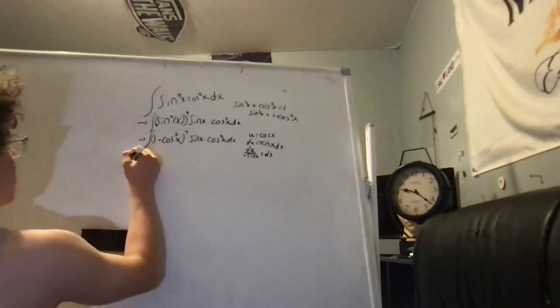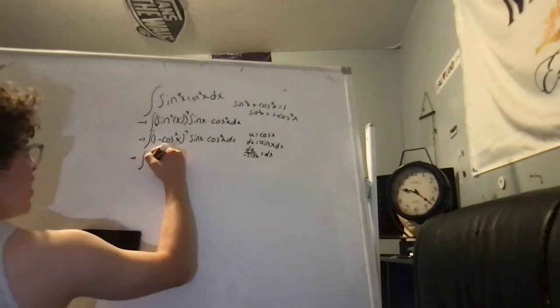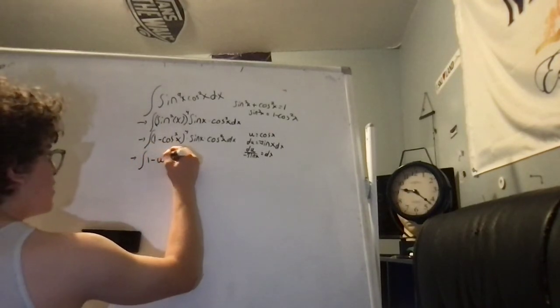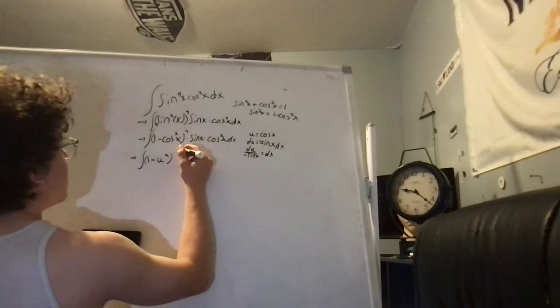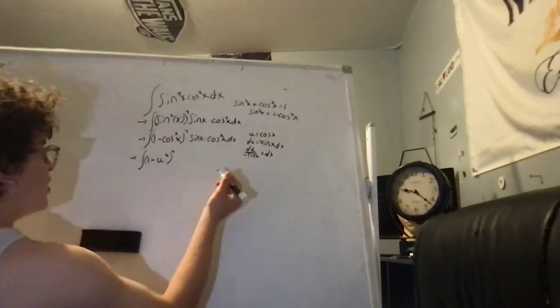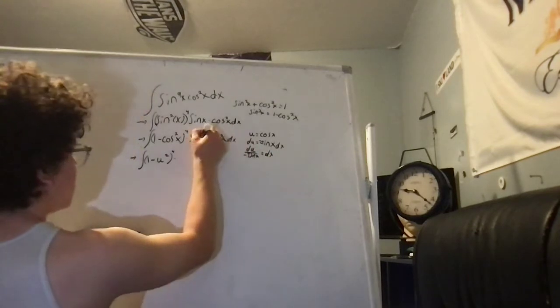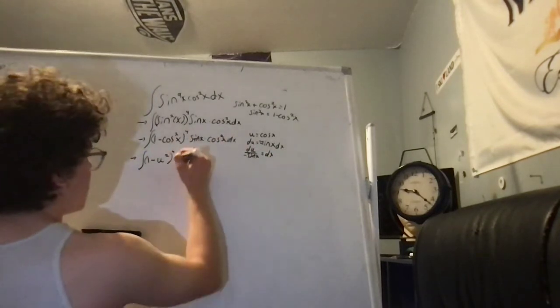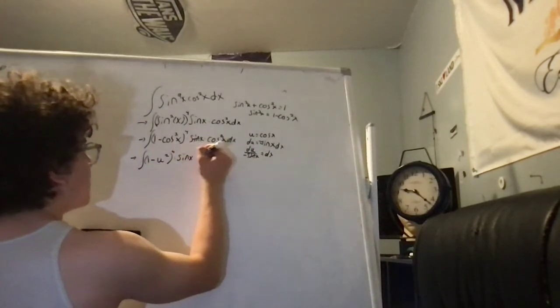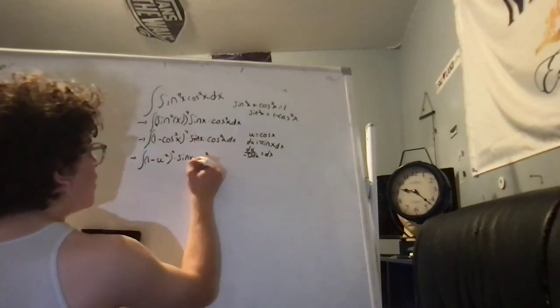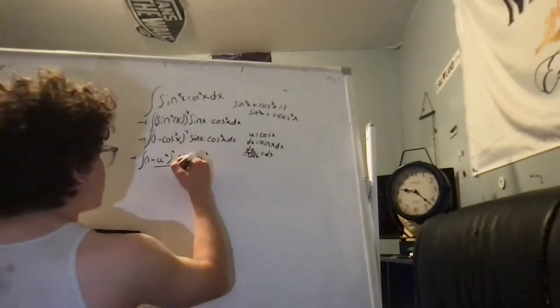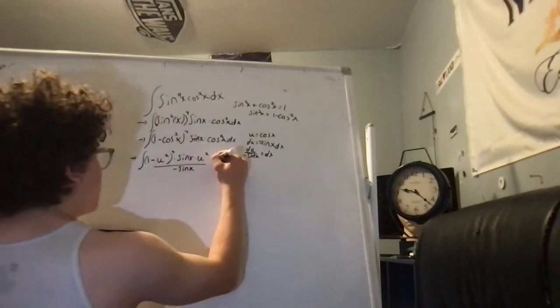Once we implement this, we have the integral of 1 minus u squared to the fourth power, times sine x times u squared over negative sine x du, right?